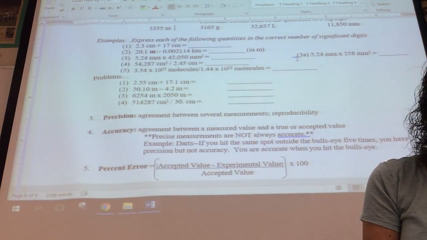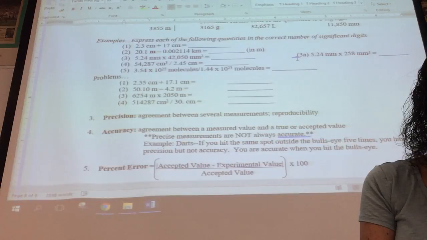And again, don't look up unless you finished it. I'll show the answer to 4.